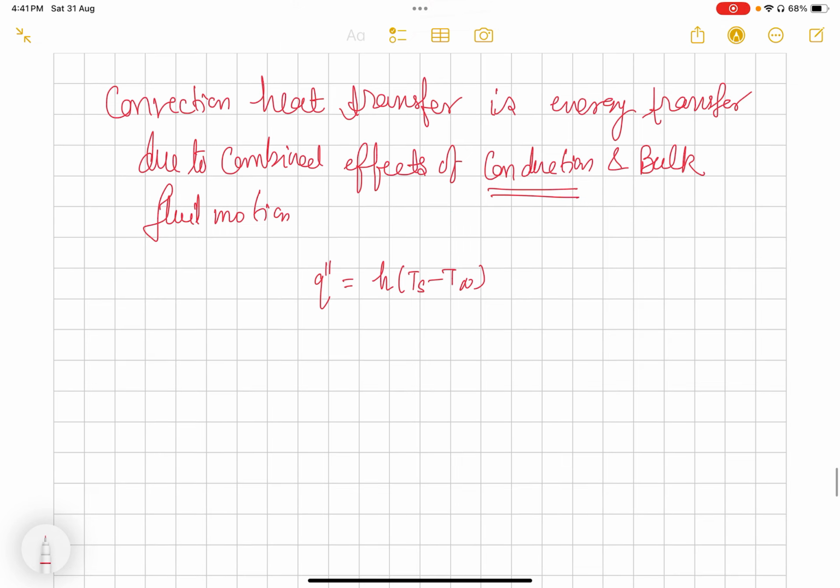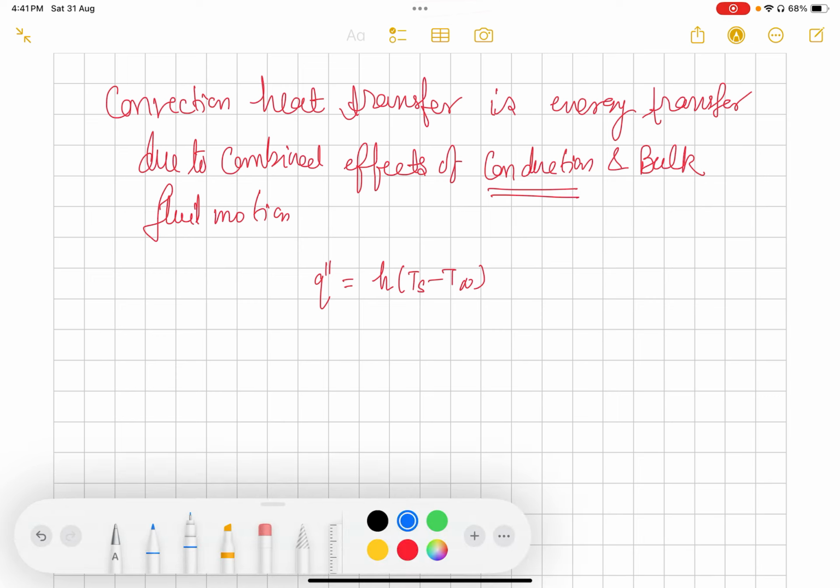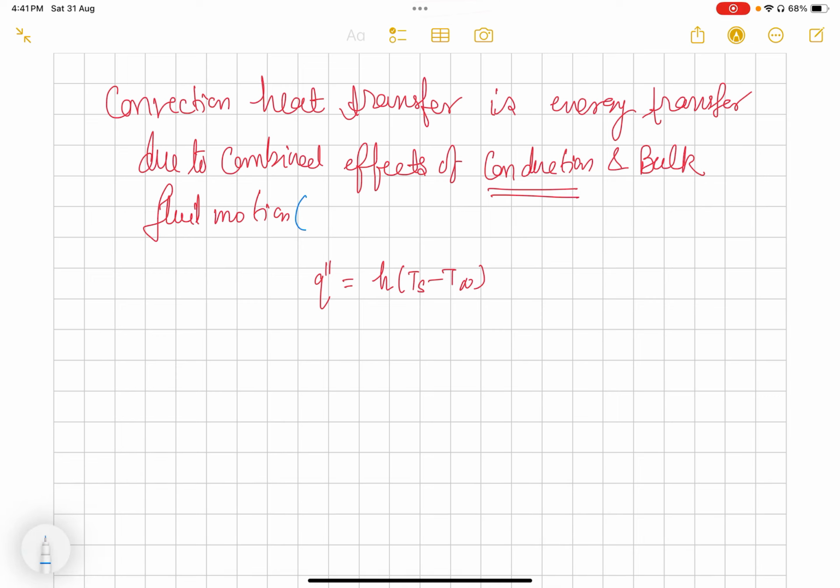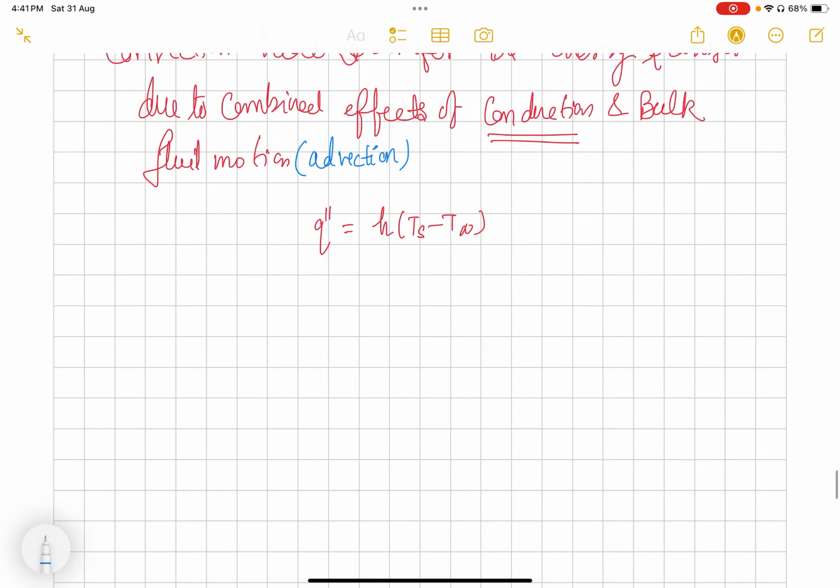We were saying that convection is due to the combined effect of conduction and the bulk fluid motion. Bulk fluid motion has got another name, which is nothing but the advection. So advection is the transport of thermal energy due to the bulk fluid motion.